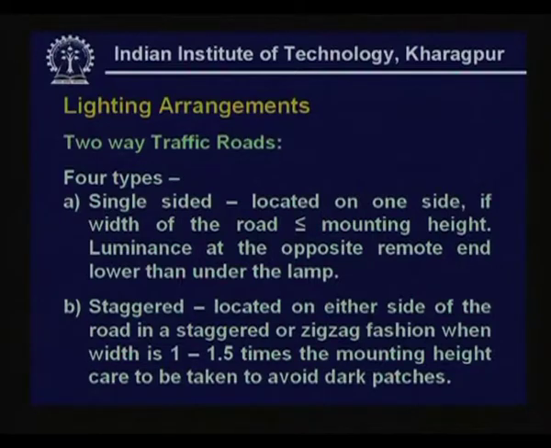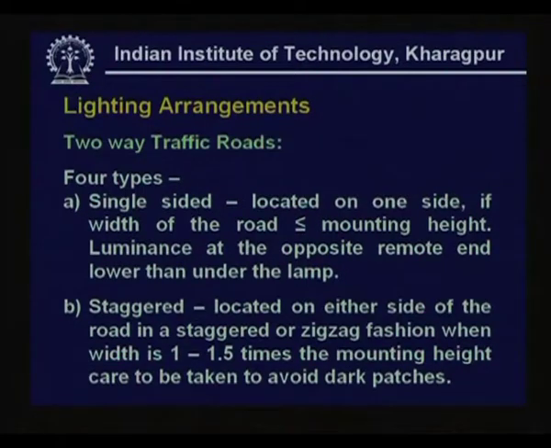You locate on one side, and this is done when the width of the road is less than the mounting height, so that luminance at the opposite remote end will be lower than that under the lamp.